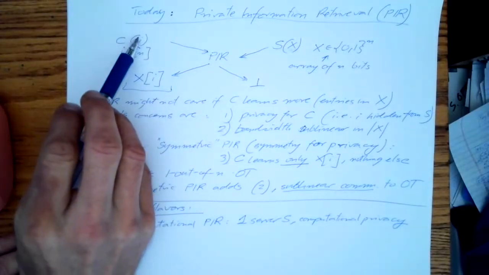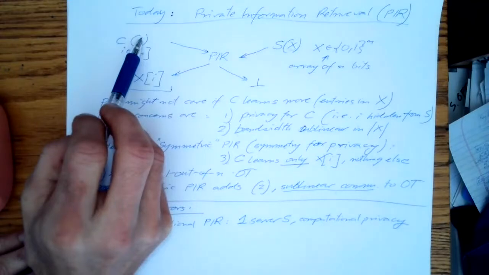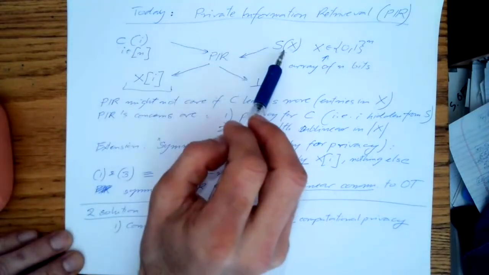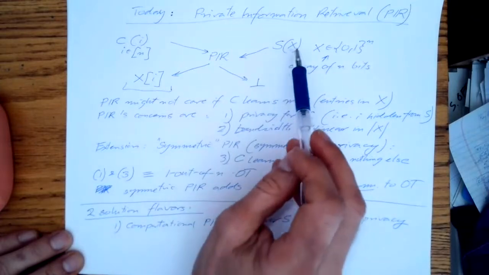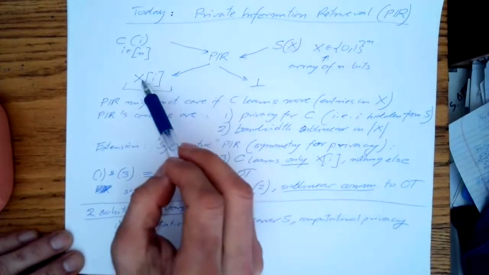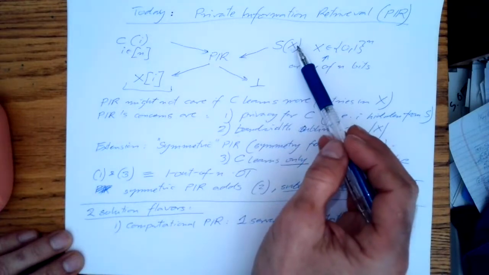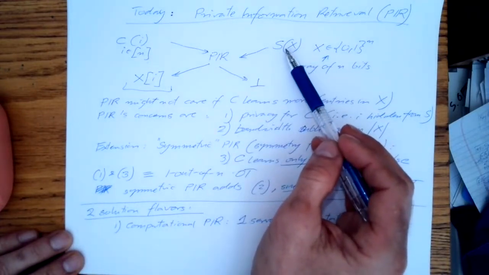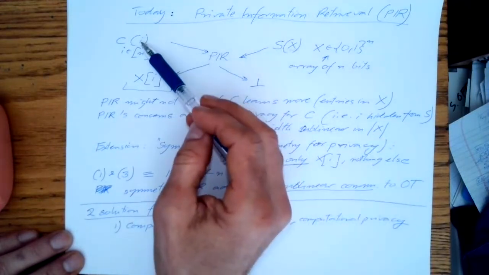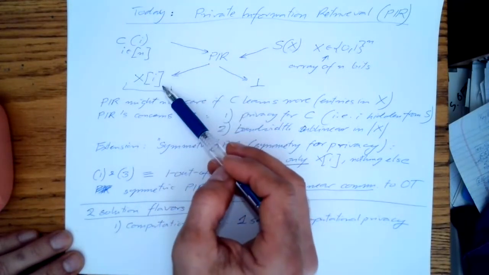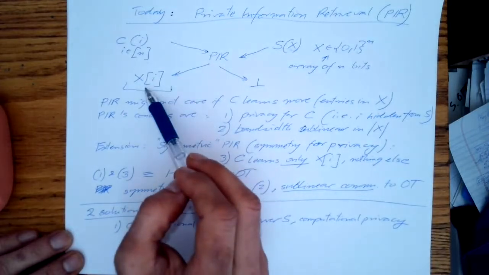In some basic way, what the client does is encrypt the index and send the encrypted index to the server. The encryption has some homomorphic property that suffices for the server, given the database and an encryption of the index, to create an encryption of this value.